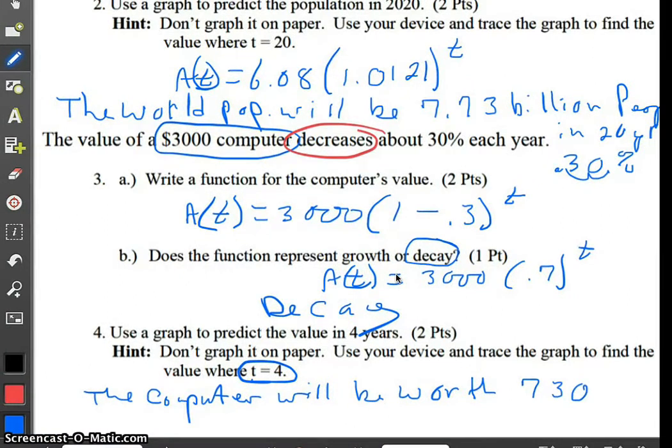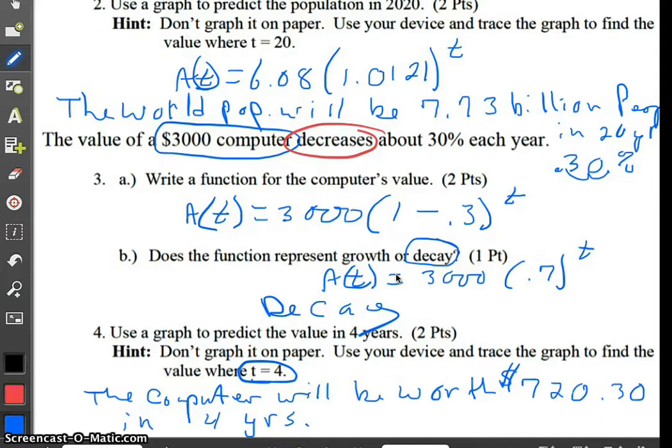Oops, I'm sorry, I wrote it wrong here. $720.30 in 4 years. Okay, so there he goes.